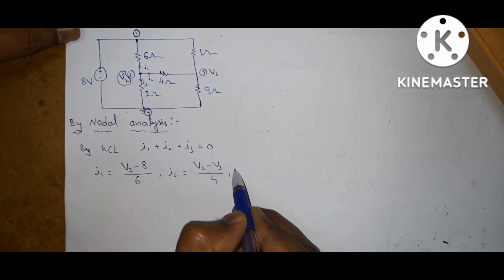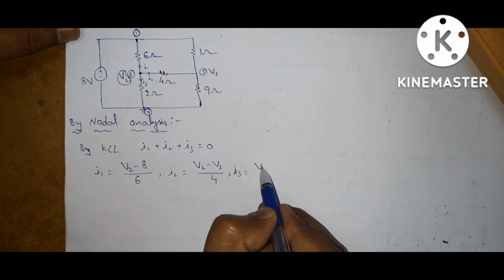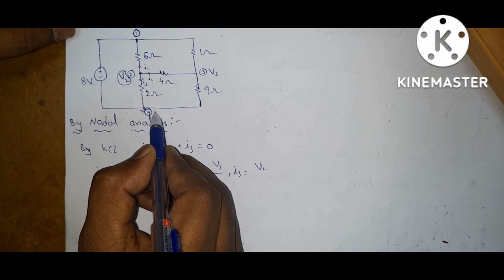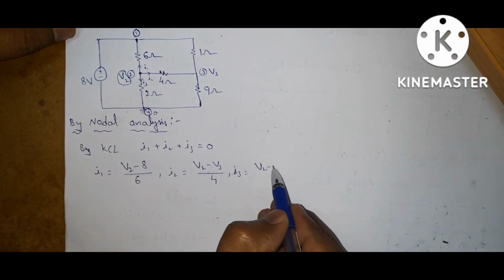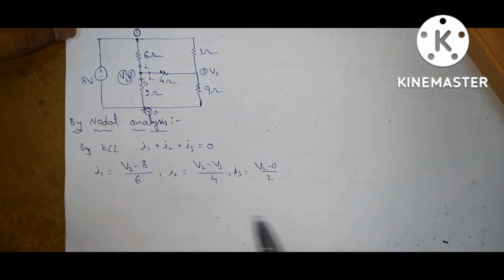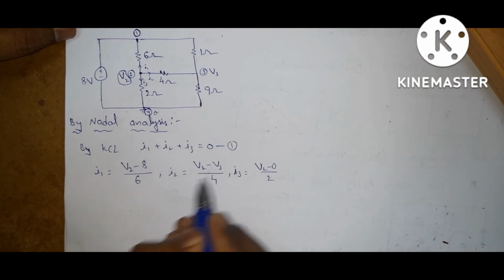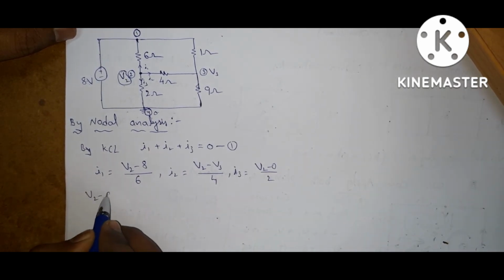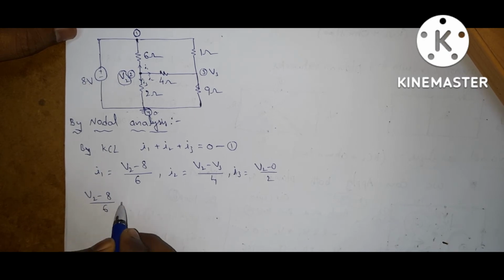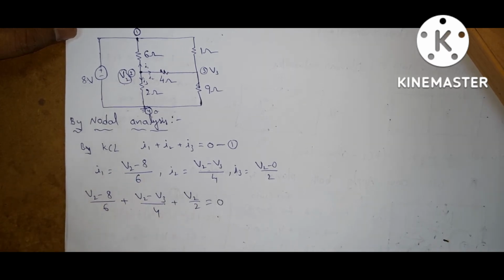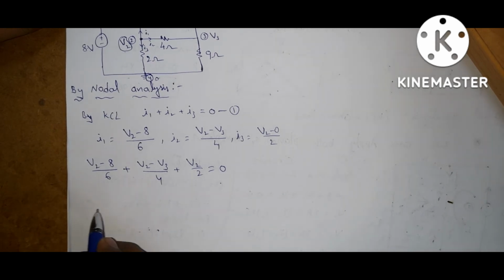Similarly, I3 is equal to V2 minus 0 by 2, since here it is the reference node at 0 potential. Substitute all these currents in equation 1. You will get V2 minus 8 by 6 plus V2 minus V3 by 4 plus V2 by 2 is equal to 0. Now what is LCM?